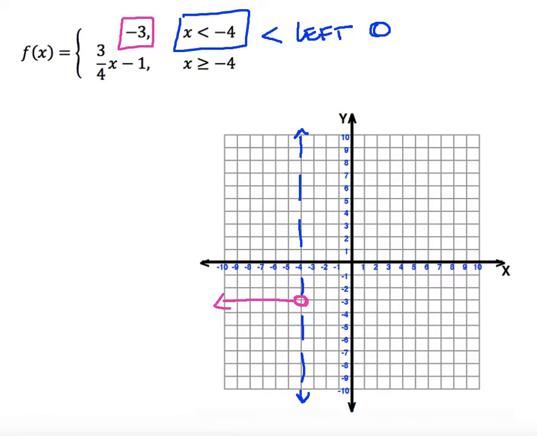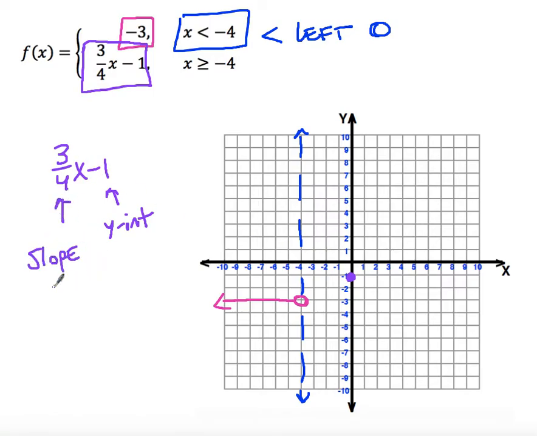Okay, and then the other function is right here, and that is the equation of a line. So my y-intercept is -1, so put your dot at -1 on the y-axis, and then your slope is 3/4. That means I'm going to go up 3 and to the right 4 from this y-intercept.